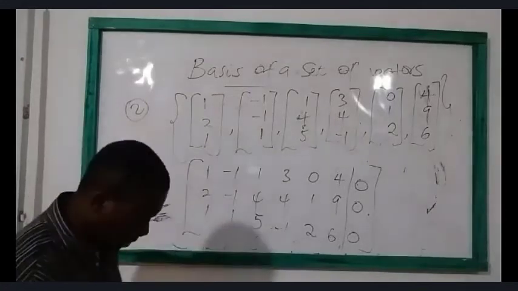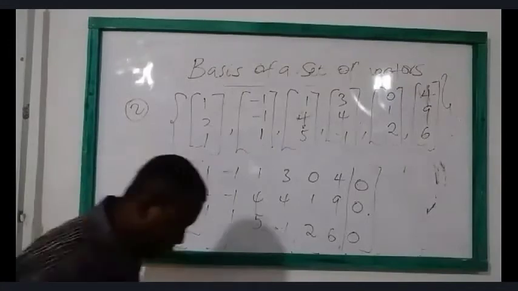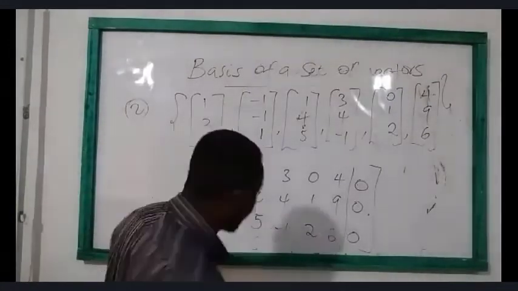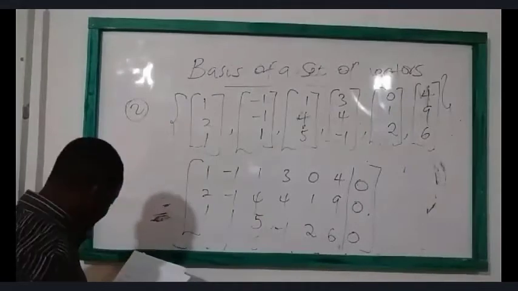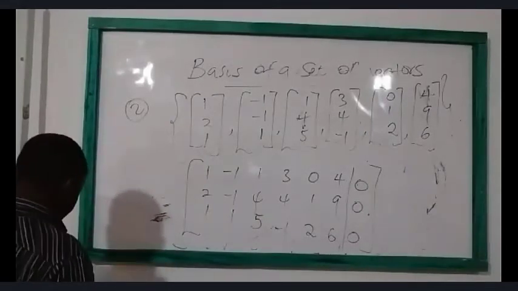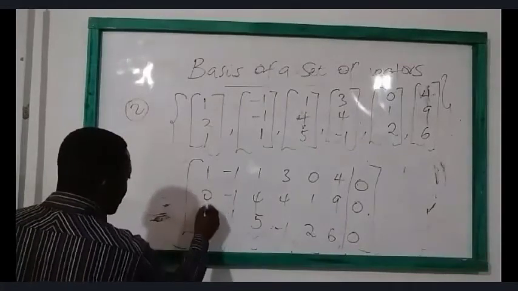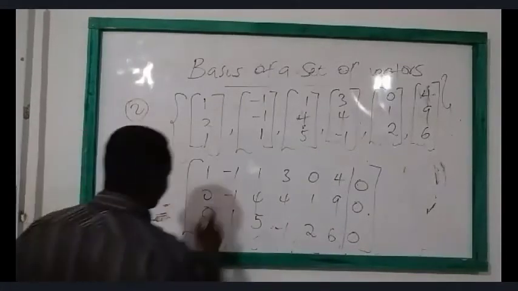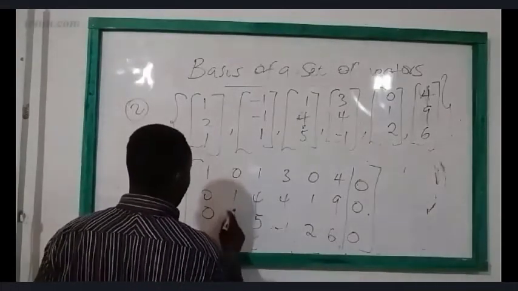When you get here, reduce it. When we reduce it, this is how the RREF will look like. To just change to 0, 0. Then we have 1.